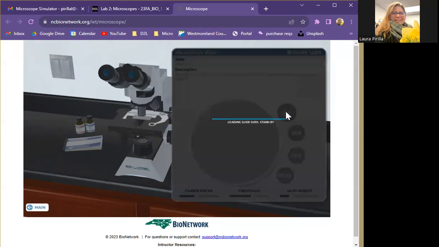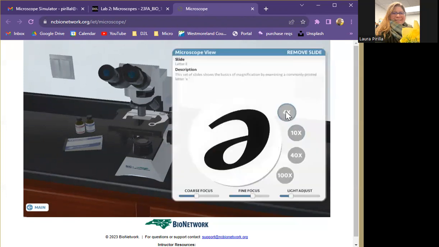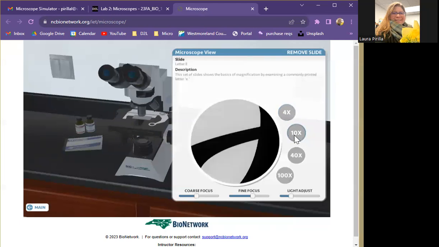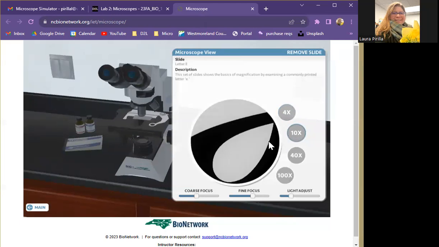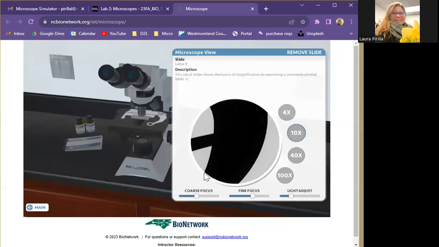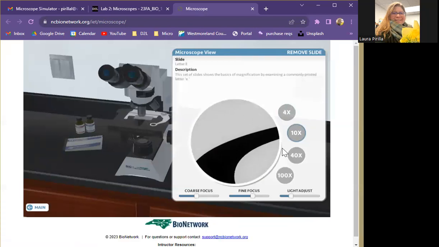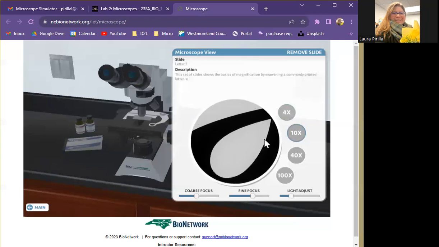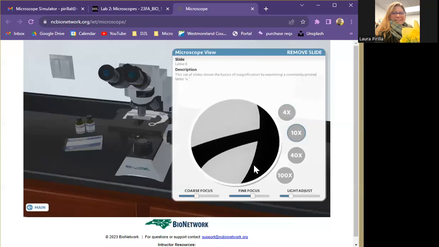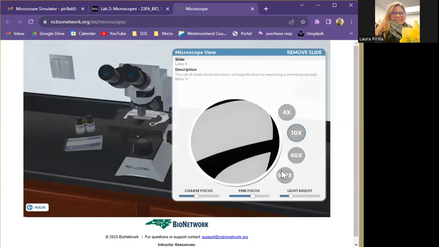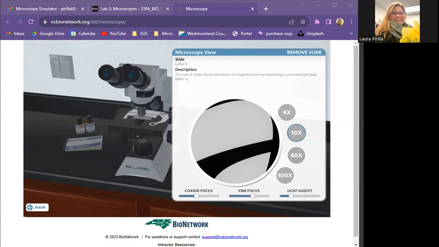Before at the 4x, we could see the whole thing, but now at the 10x, we can't see the whole thing, and we can move around a little to see the whole thing eventually, but it doesn't all fit in one screen, right? So that means that your field of view has gotten smaller as you've zoomed in. So it says to sketch it, but you don't have to. Just make note of how much less of it you can see.